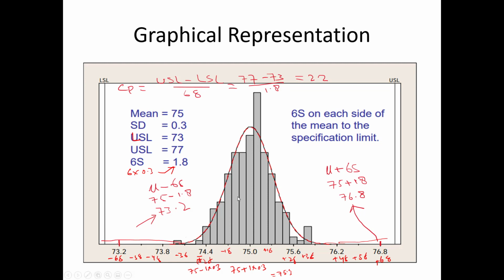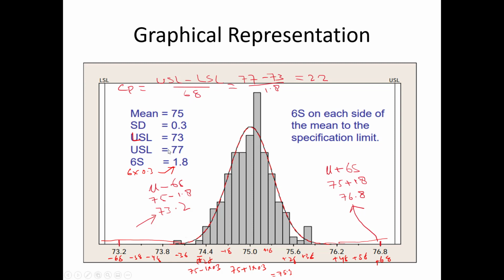Now we can see that the process is capable for CP, and I will also discuss what CP is and what CPK is. CP is the upper specification limit minus the lower specification limit divided by 6 sigma.